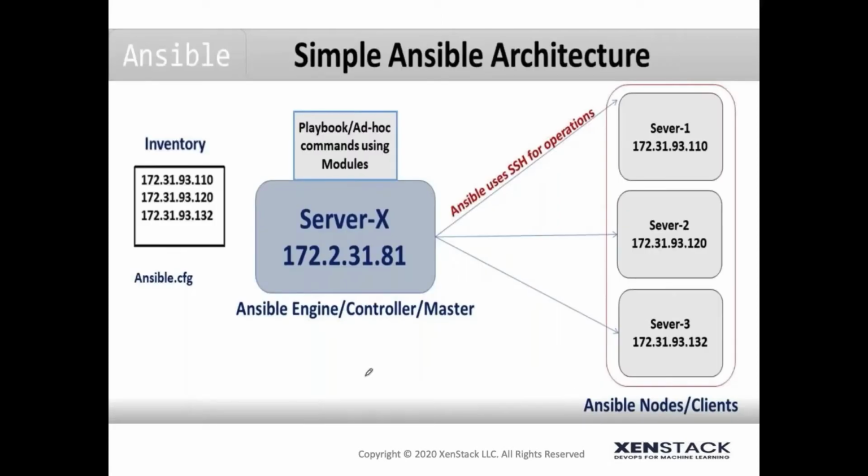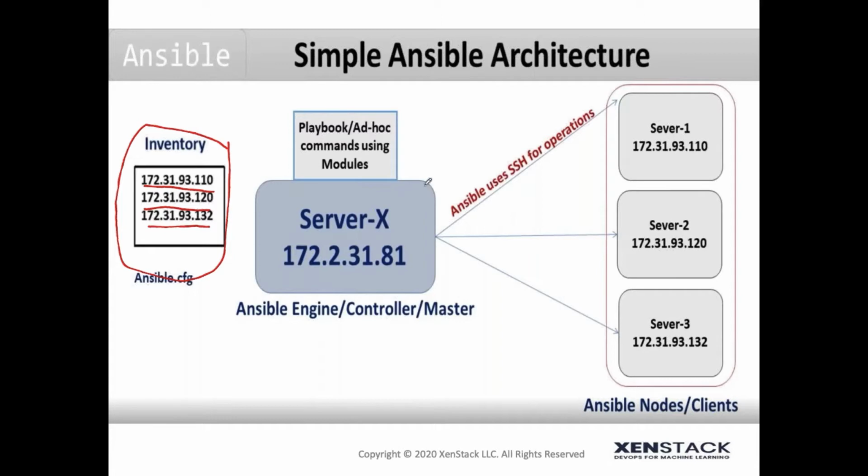So let me give you a small flow of the Ansible architecture, how Ansible tries to hit those target machines. As we have already come across inventory files, these are the files where we store the information of our remote machines in the form of their IPs, usernames, and passwords.